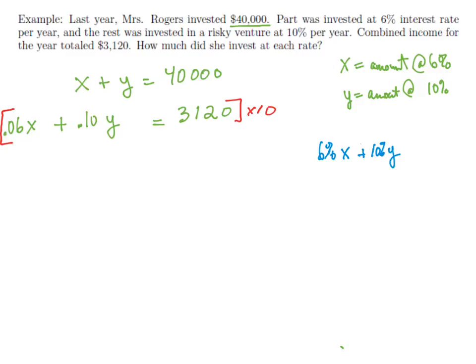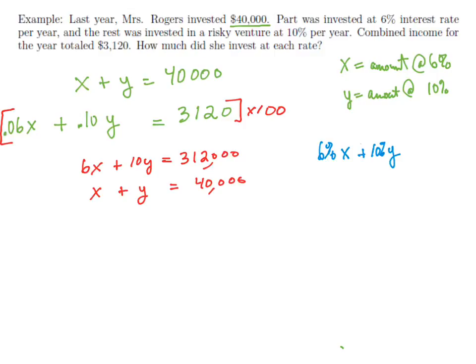We want to move the decimal 2 spaces. So we would get 6x plus 10y is equal to 3120 and then add 2 zeros, so $312,000. Then I'm just going to write the first equation right below, so everything is lined up.